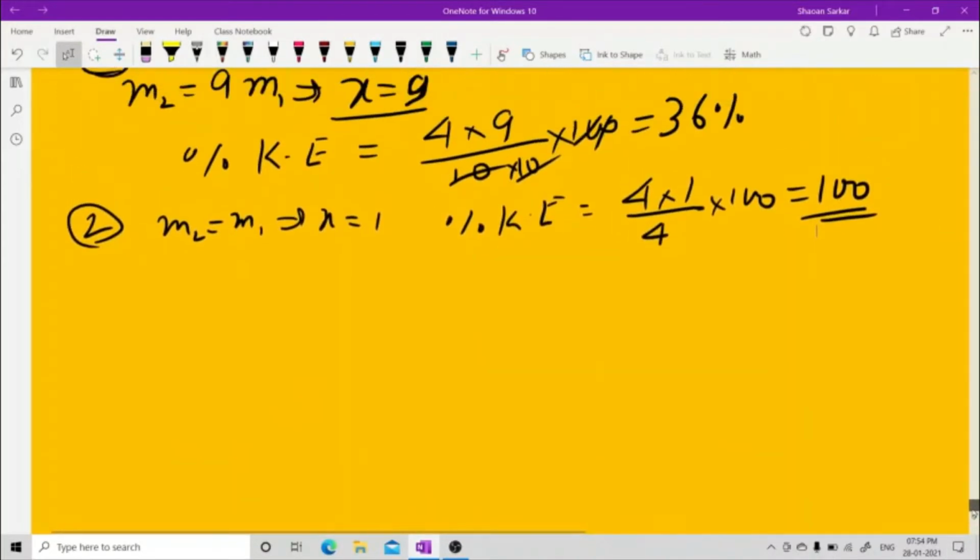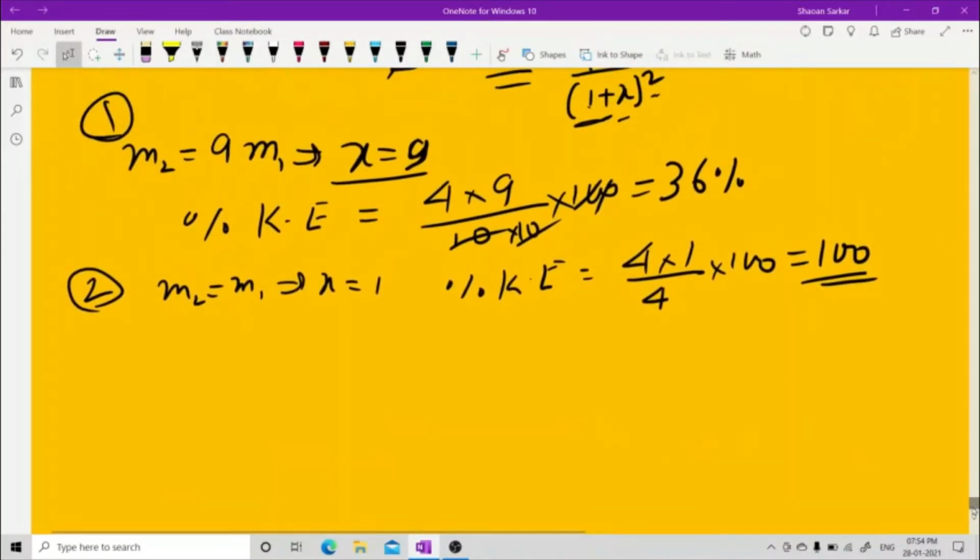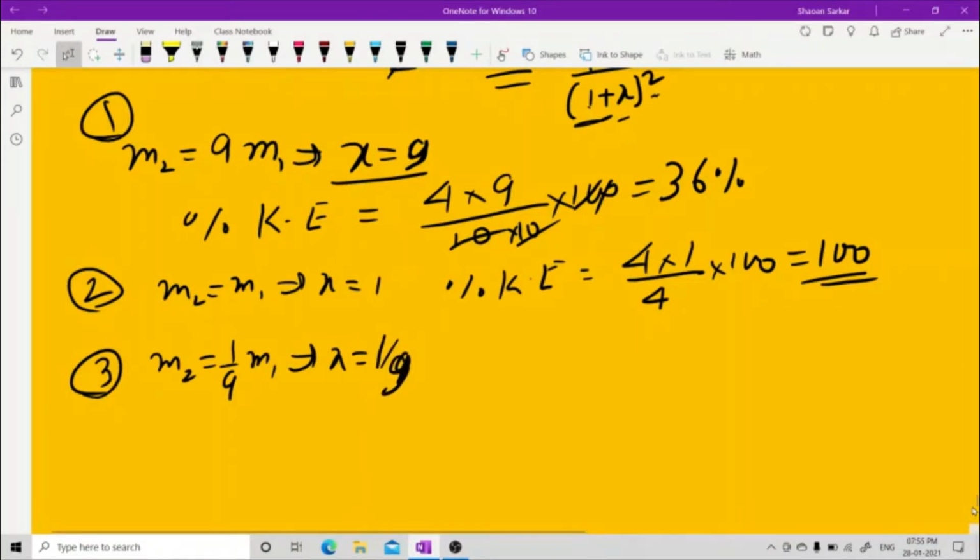The third case is if it is 1/9 times. Third, m2 is 1/9 of m1. That means x is 1 upon 9. So the percentage of kinetic energy is 4 by 9 into (1 plus 1 by 9) whole square into 100.